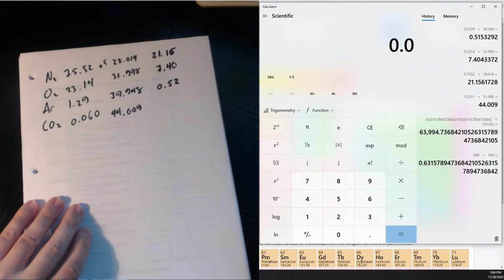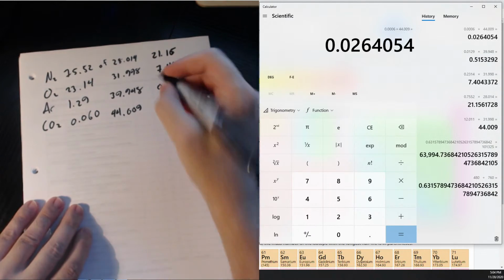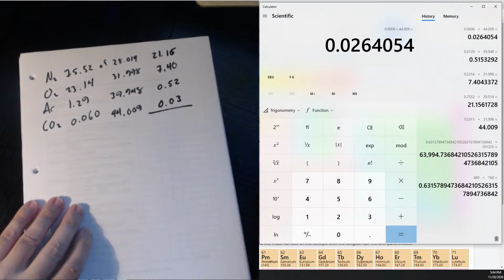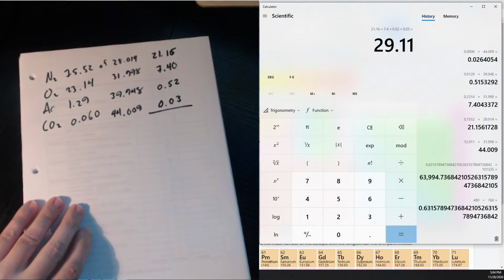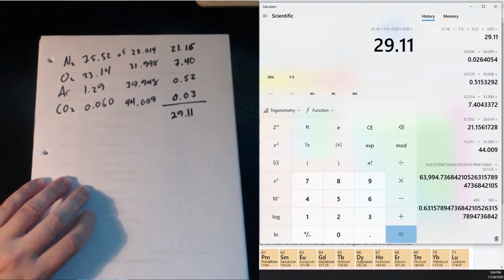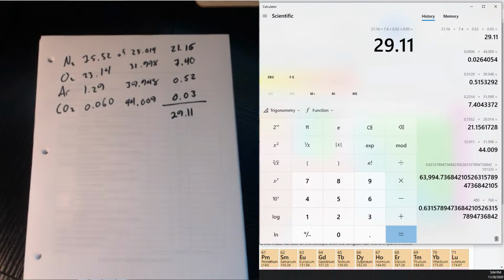And carbon dioxide. And you can see why I went ahead and just decided to ignore all of the others. If they do make a difference, it will not be very large. So the average molar mass of the atmosphere is 29.11.